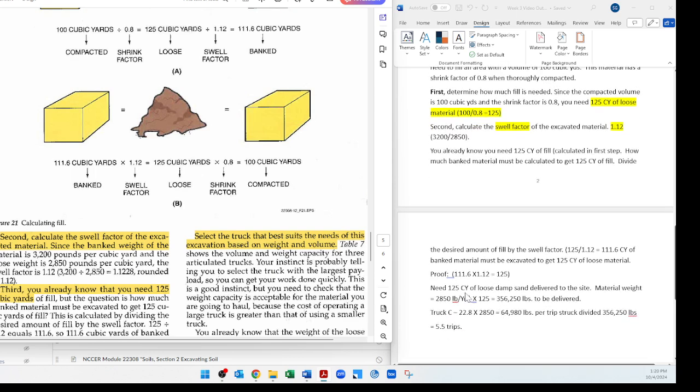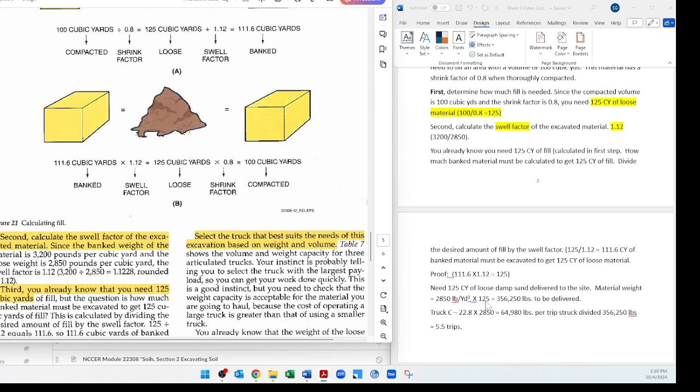So we need 125 cubic yards of loose, damp sand delivered to the site. The material weight is 2,850 pounds per cubic yard. That's loose. That's what we're going to use right now because it's loose.